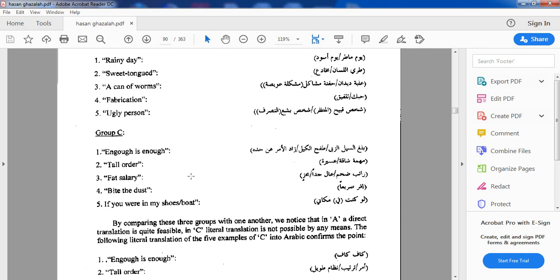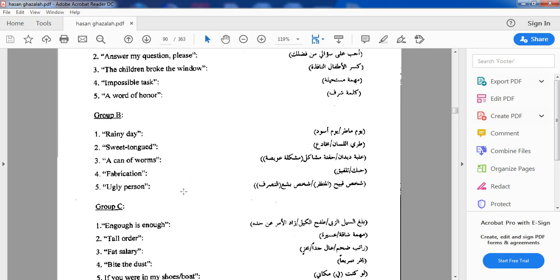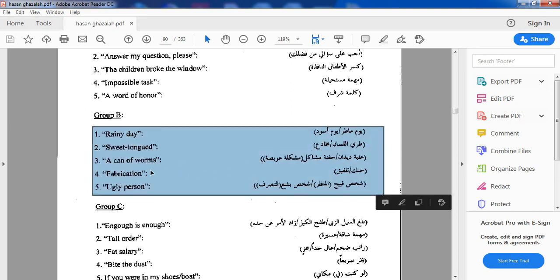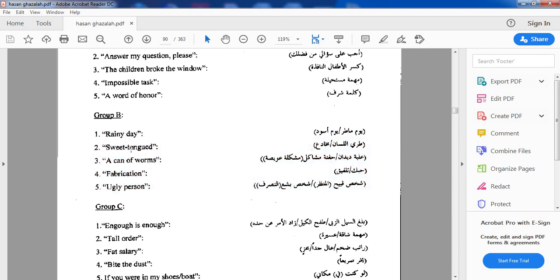In group B, we can accept both methods of translation. Sometimes literal translation is acceptable, and also free translation is acceptable. So students should be very careful in dealing with those expressions.